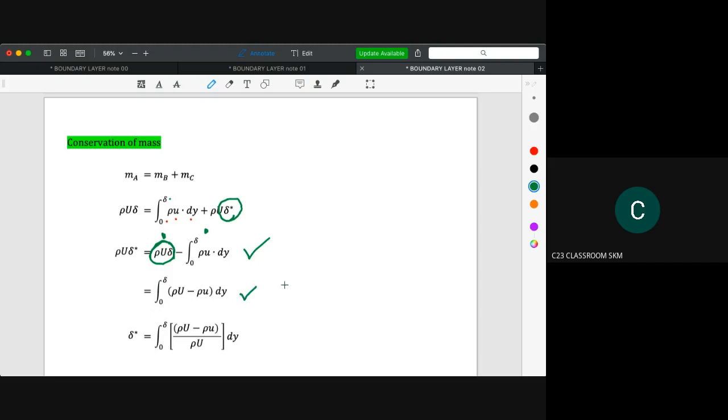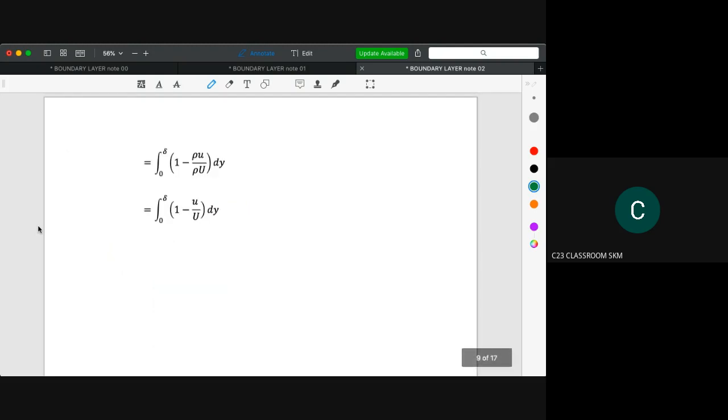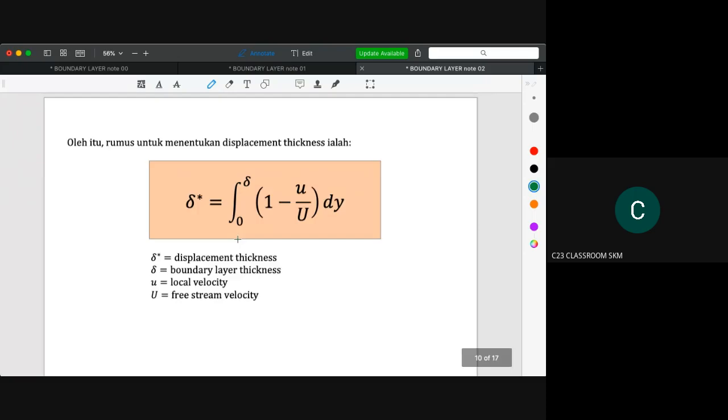Then we bring the rho U to the right-hand side, so we have it over rho U, and simplify until you get the final terms like this. So the equation for displacement thickness can be written as this one.